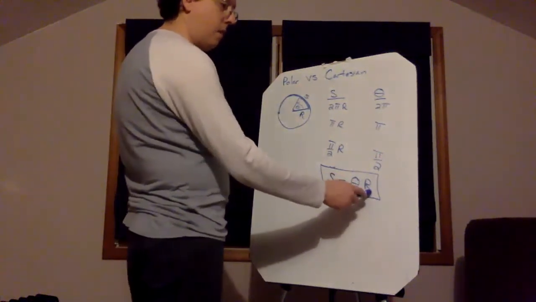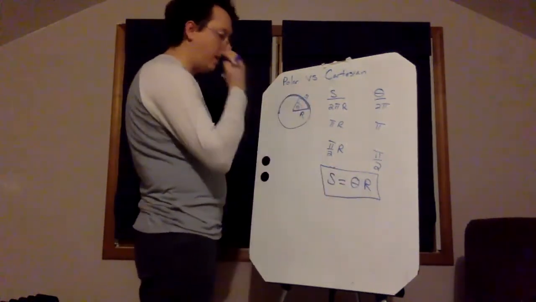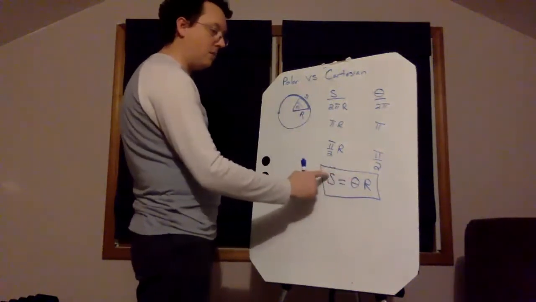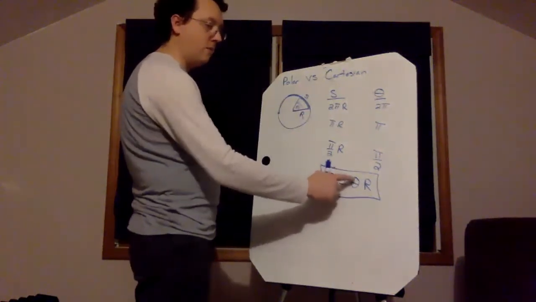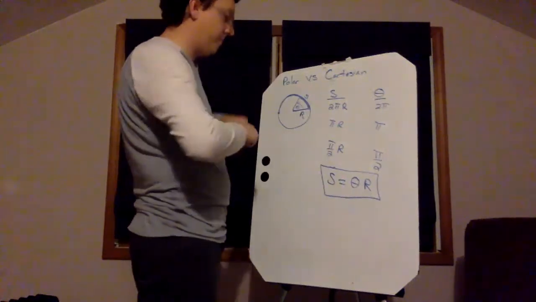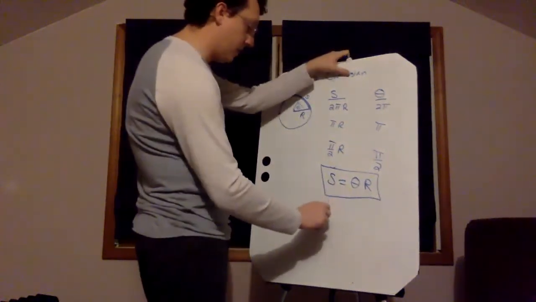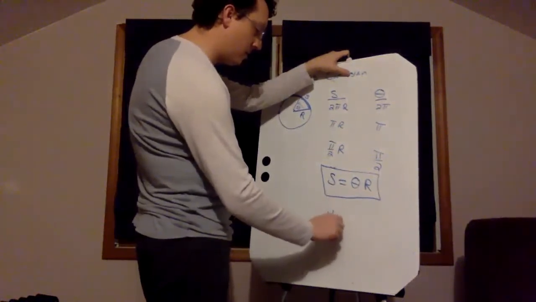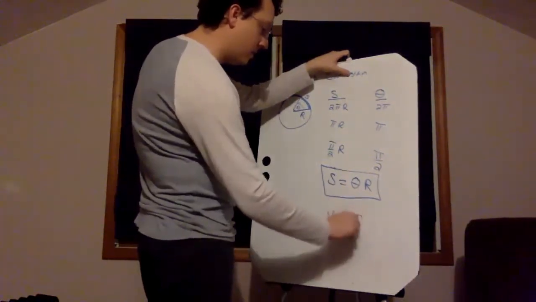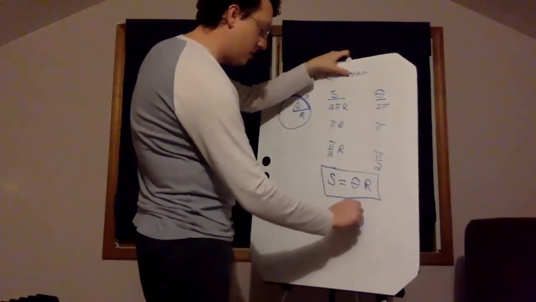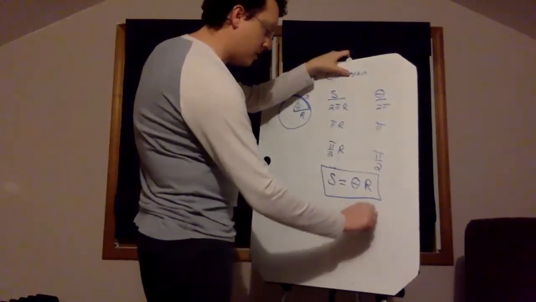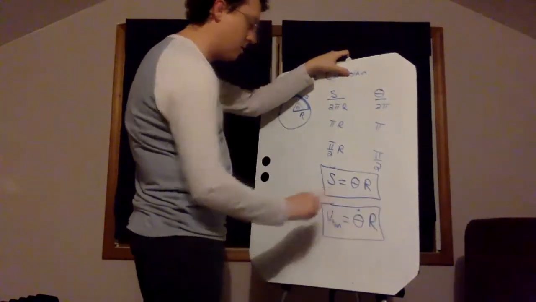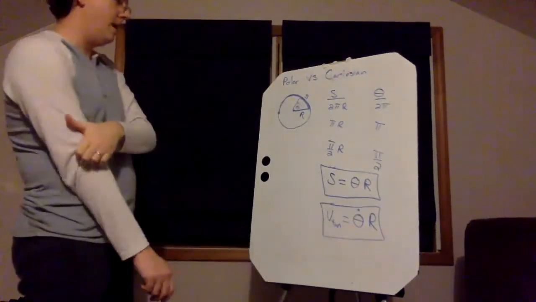The derivative of r is 0 because r doesn't change. And so what I find is that the tangential velocity is related to the derivative of the angle. So in particular, V tangent equals theta dot times r.